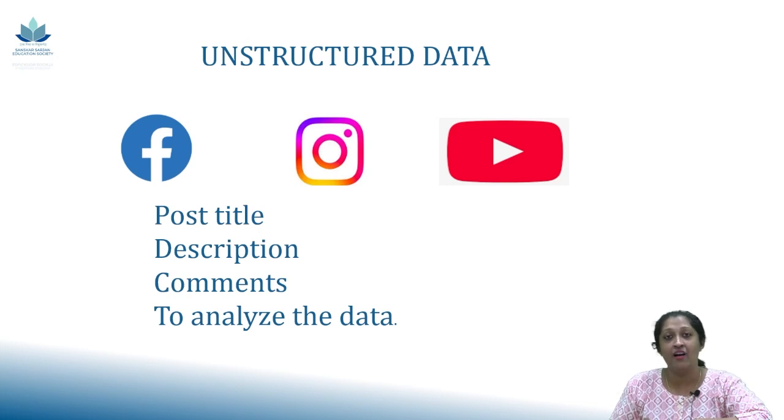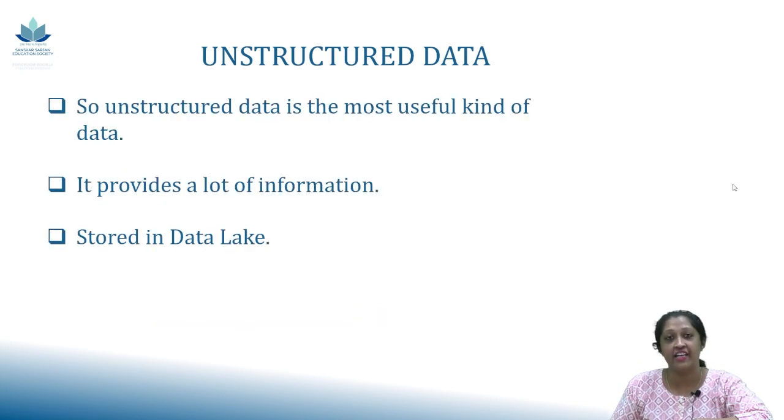All these social media platforms use the post title, description and comments to analyze the data. Overall, we can say that unstructured data is the most useful kind of data. It provides a lot of information which can be stored in a data lake.